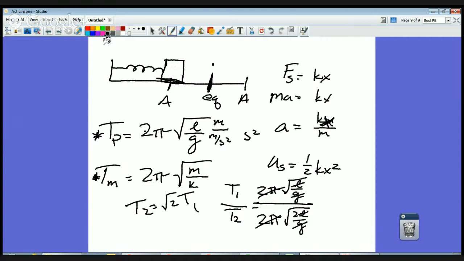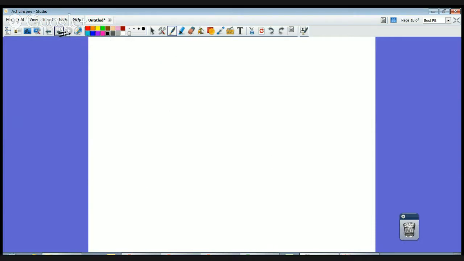Another thing they might do is say we're going to go to a planet where the radius is different or the mass is different. And how does that change things? So remember, gravity is big G, m1, m2 over r squared. R is the center-to-center distance.